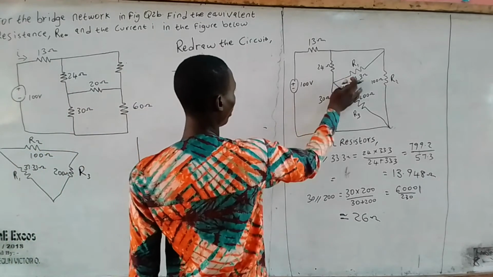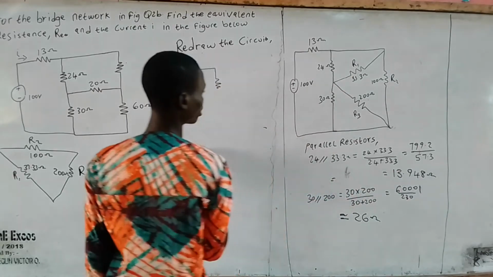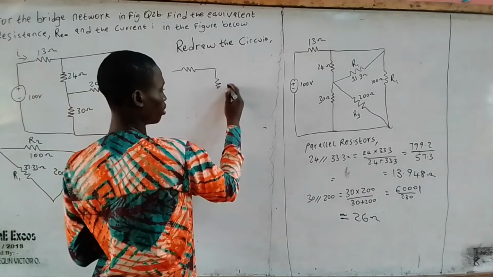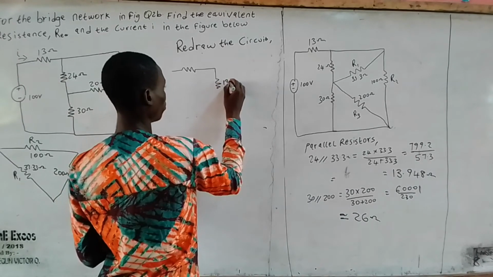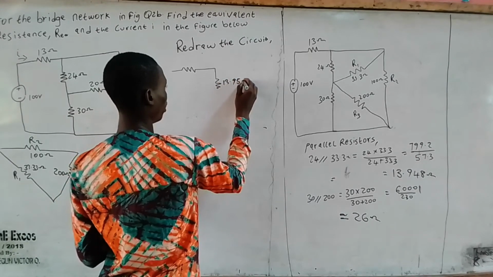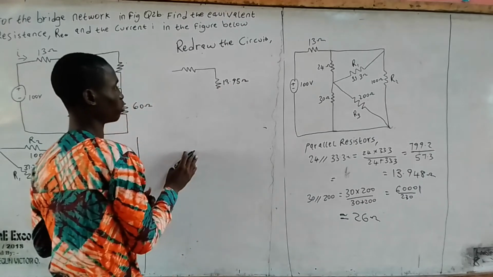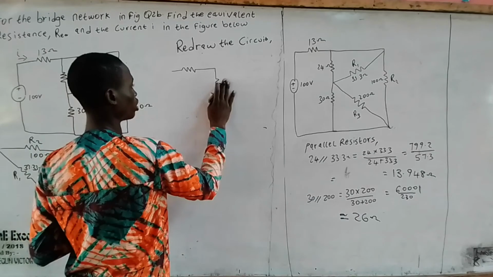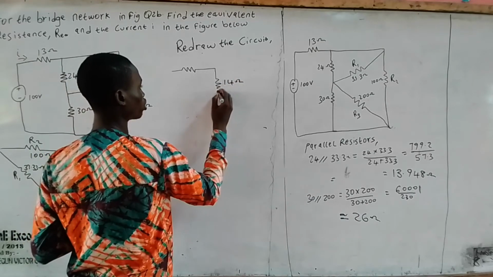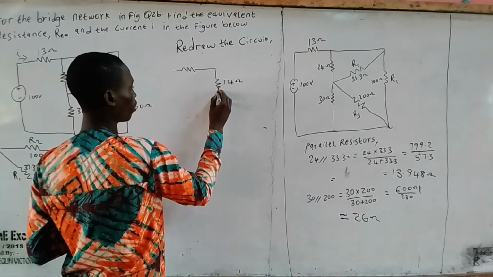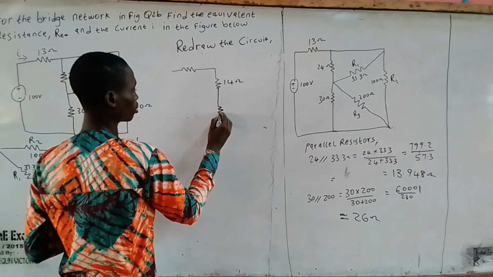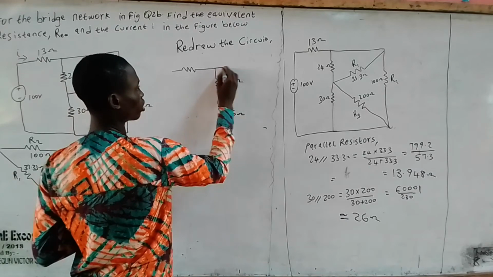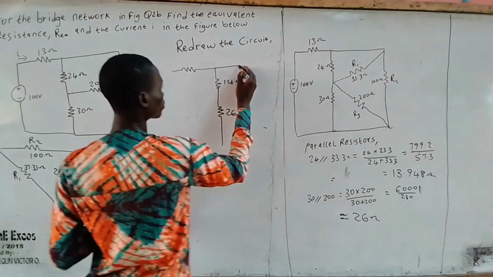So these two are combined now to have 13.98948. I can call it 13.95 ohms. It is going to be 14 ohms, but I want to just leave it like this. Let's call this approximately 14 ohms. Okay. Now like this. This side too will become what? 26 ohms.